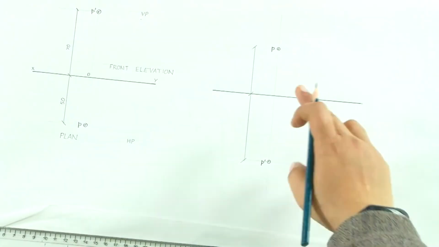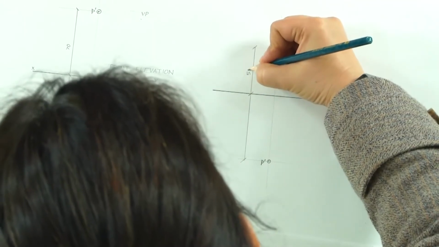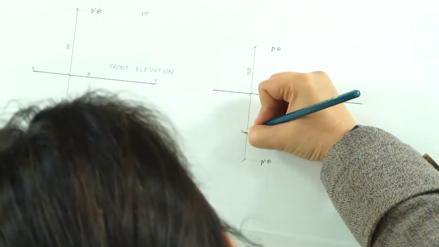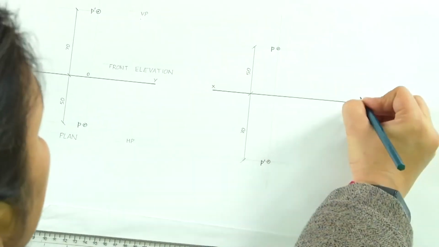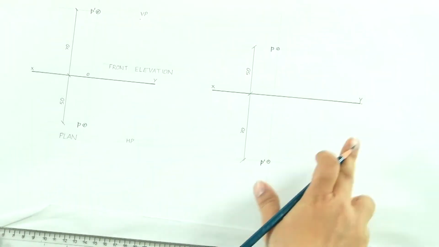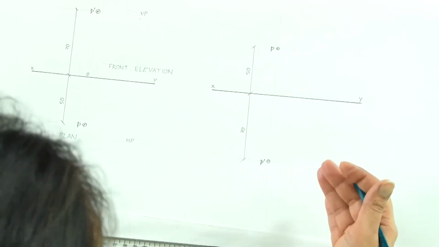So, now the distance from the VP, which was 50, will actually be seen above the reference line. So, we have the reference line XY, which remains the same. It is just that the vertical plane and the horizontal plane, they are reversed.